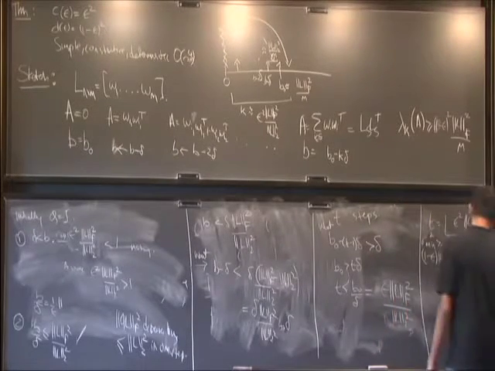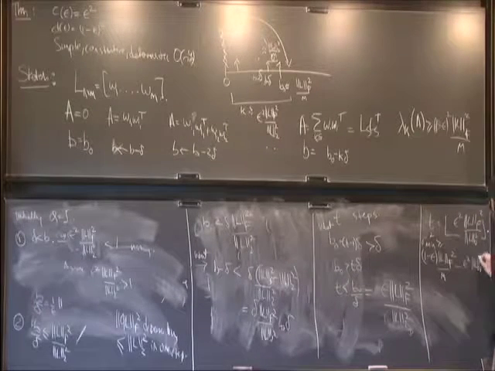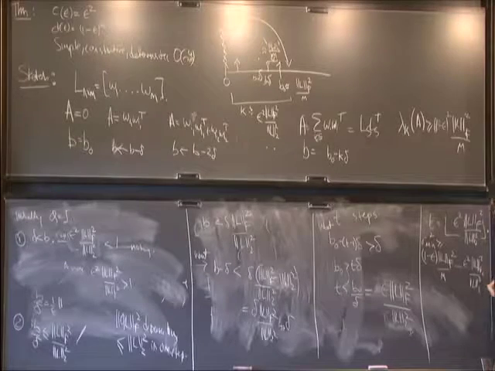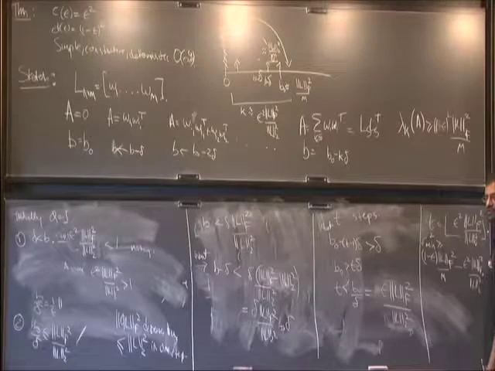Then I remove the floor. I get an epsilon times 1 minus epsilon, 1 minus epsilon divided by epsilon.